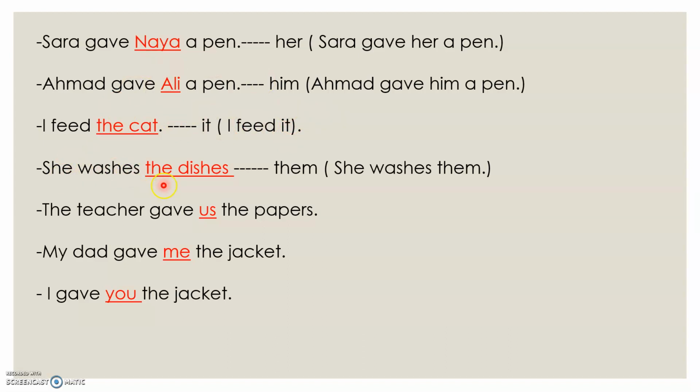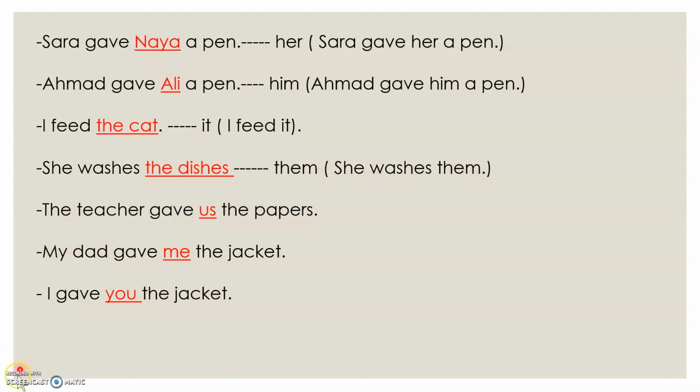She washes the dishes, right? The dishes are the object of the sentence, because the dishes are the things that were affected by the action, which is the washing, right? So the dishes, we have a plural noun. So we're going to use the object pronoun, which is them. Sarah washes them.